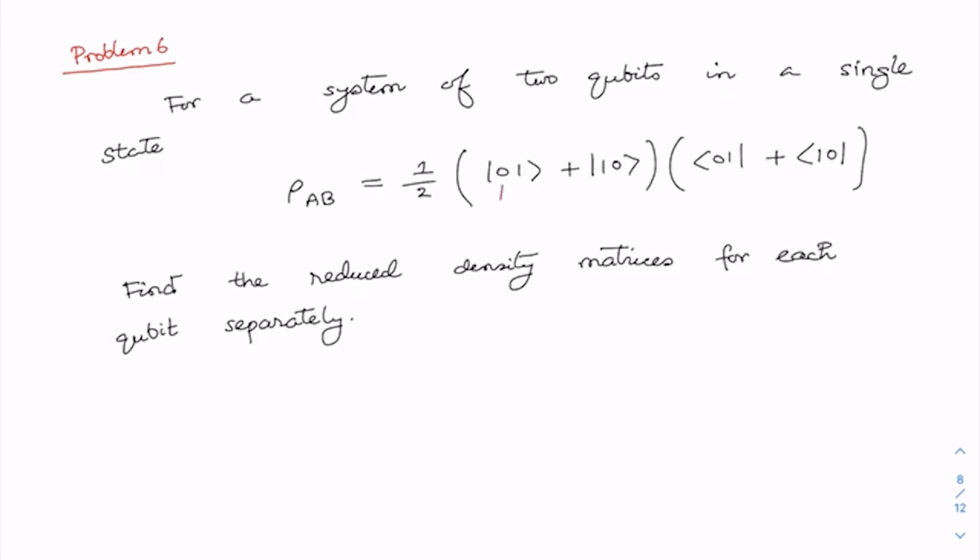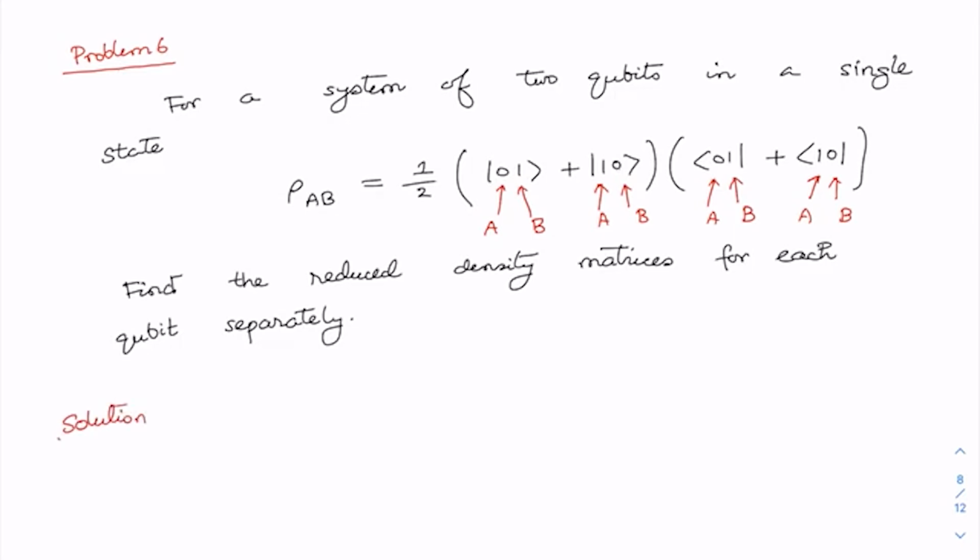Here the first one, this |0⟩, belongs to system A, and |1⟩, this is actually a tensor product, belongs to system B. Similarly here it belongs to A and this belongs to B. Here it belongs to A, it belongs to B, this belongs to A, this belongs to B. Let us work it out. You are asked to find out the reduced density matrices for each qubit separately.